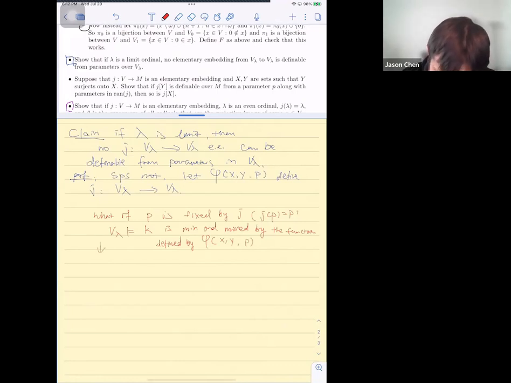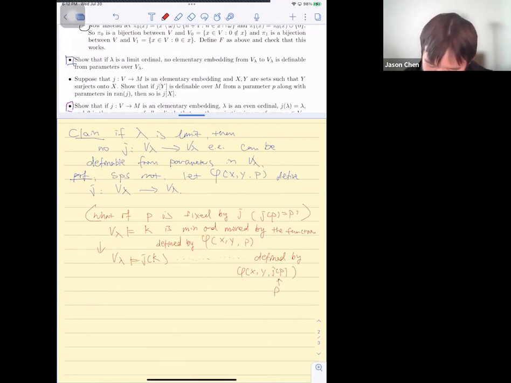And then by elementarity, J kappa is the least ordinal moved by the function defined by phi x, y, J p. But in this pretend scenario, we have J p is equal to p, so this is p. So again, contradiction, since truly the same function we were defining here, so this reduces it to the parameter-free situation. But we don't know whether P is fixed by J or not.